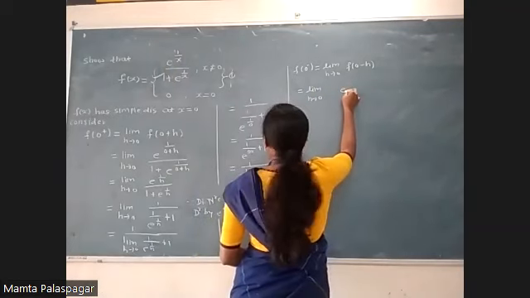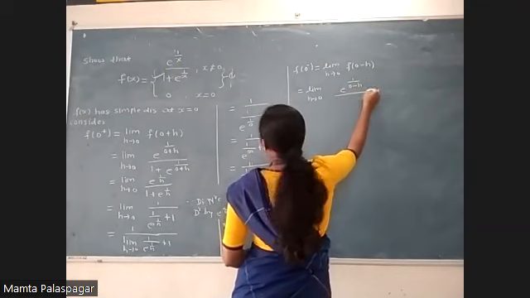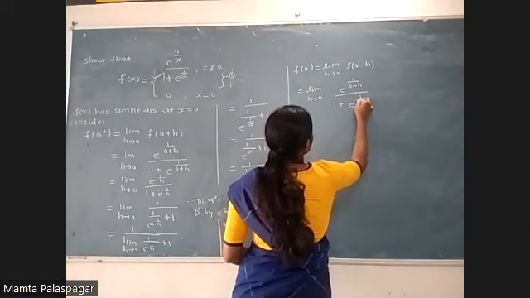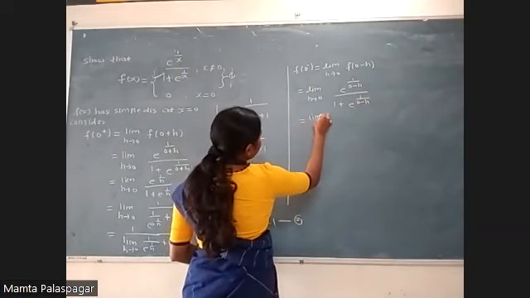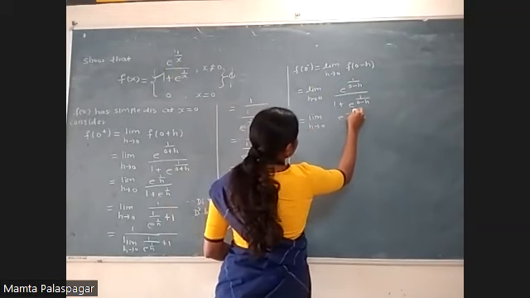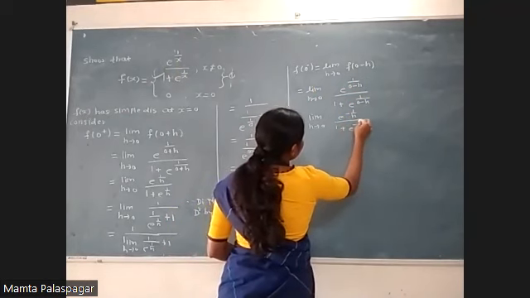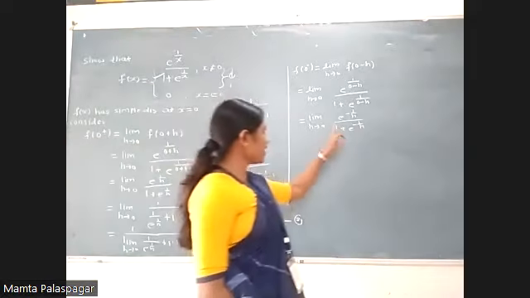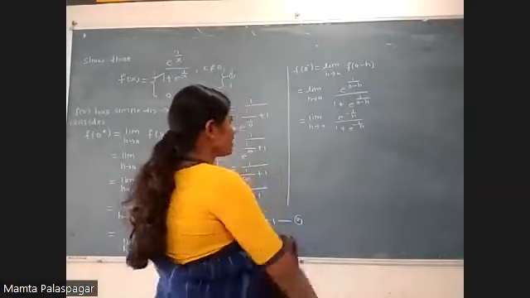So here we get e to the power 1 upon 0 minus h divided by 1 plus e to the power 1 upon 0 minus h. So again we get the limit h tending to 0 of e to the power minus 1 upon h divided by 1 plus e to the power minus 1 upon h. Again, in the numerator and denominator, we have the same term e to the power minus 1 upon h.